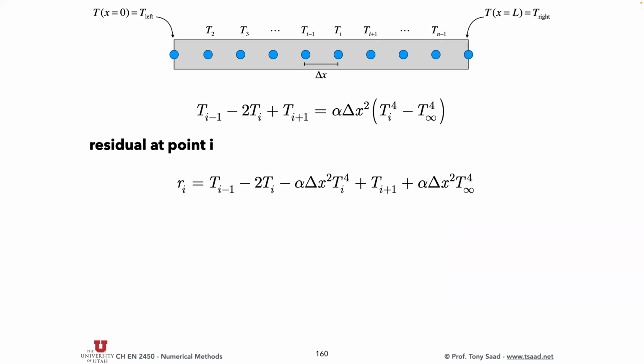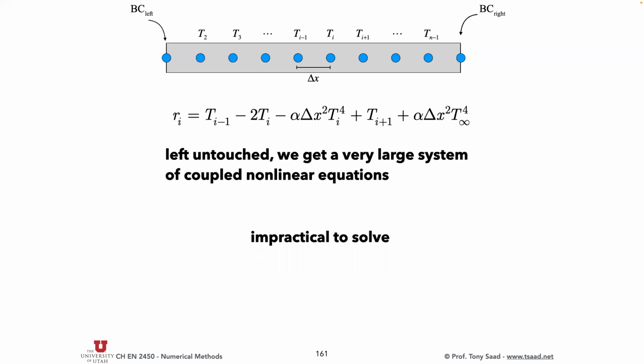If you were to define the residual function at every point I, you move everything to the left-hand side or everything to the right-hand side, whatever you like, it doesn't matter. But I know how much you hate systems of nonlinear equations, based on your feedback on the muddy points. So we're not going to take that route because it would be insane, not according to the formal definition of insanity, which is repeating the same thing and expecting a different outcome.